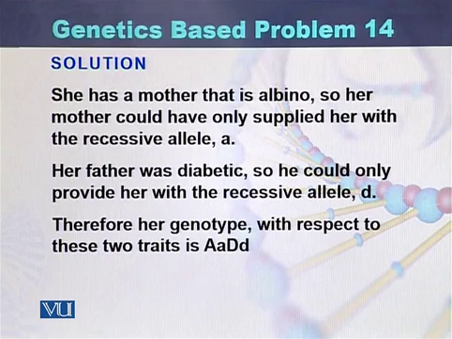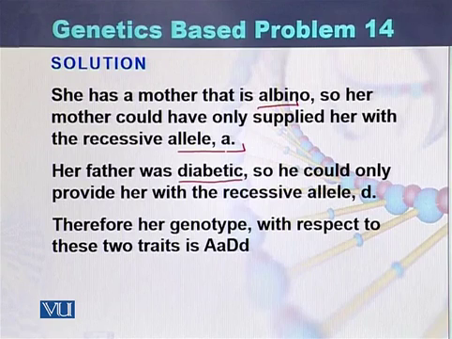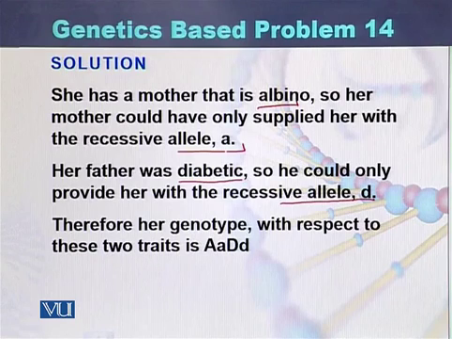because the mother of the lady was albino, her mother could only supply the recessive allele a, while her father was diabetic, so he could only provide the recessive allele d.